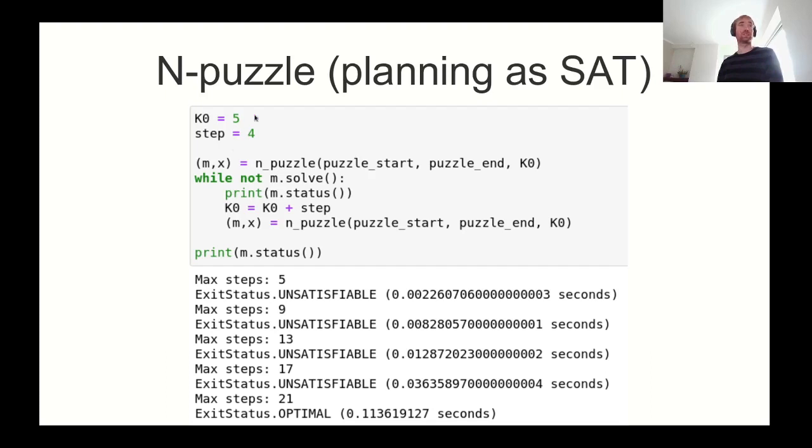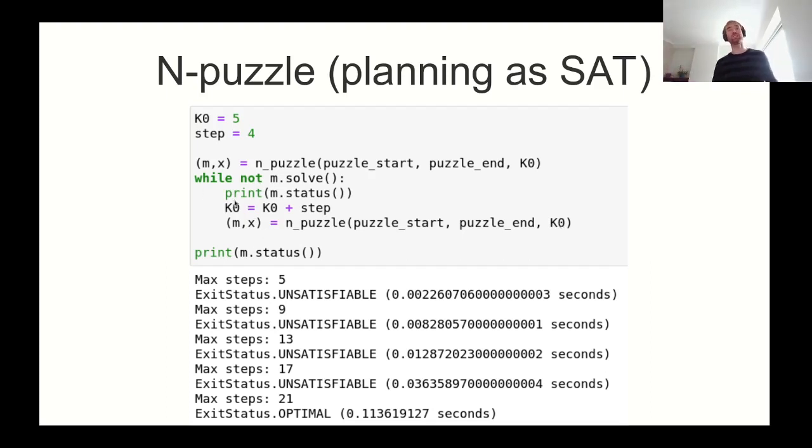And that's exactly what this piece of code does. So we initiate the end puzzle for a certain k, in this case 5. If it cannot be solved, then fine. We increase the maximum number of steps. We rebuild a new model, with up to this new maximum number of steps, and then we solve it.